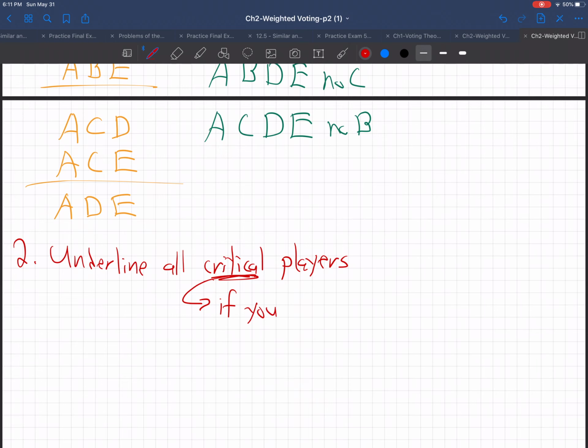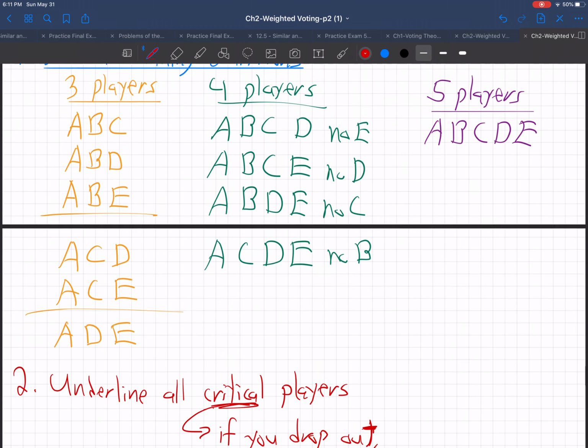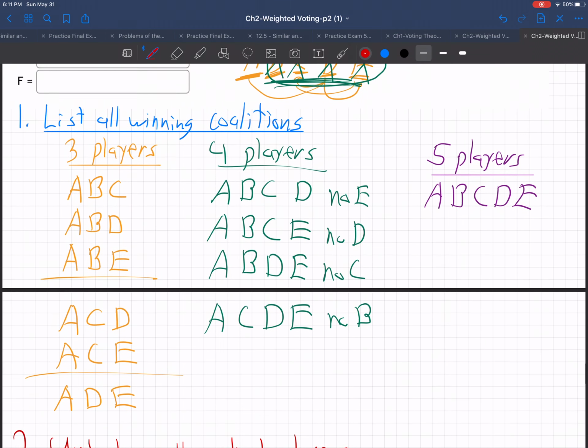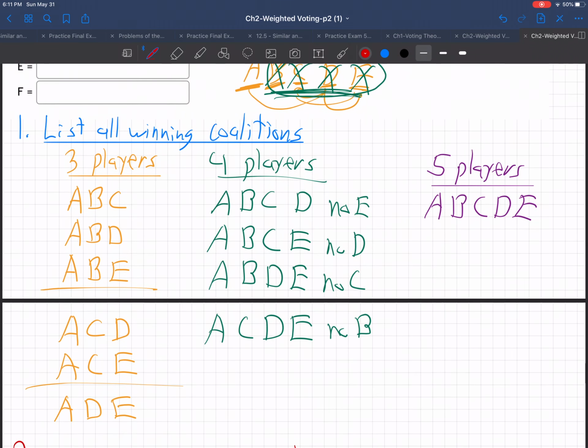If you drop out, then the team loses. So that's what it means to be critical. If you drop out, then the team loses without you. So, okay, let's try that out.